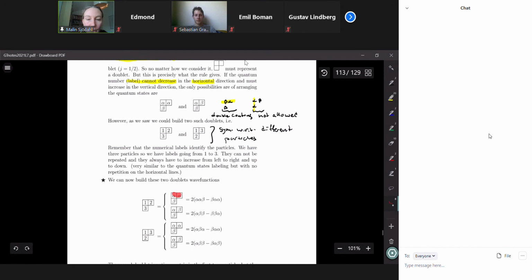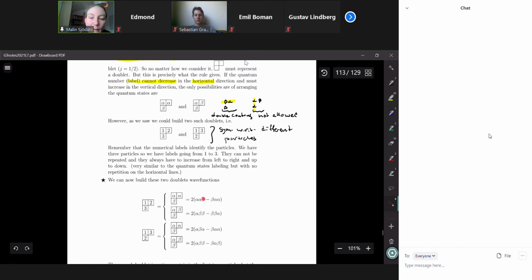First we have particle 1 and particle 2 in the state alpha, and the third particle in the state beta. This state is in itself obviously symmetric with respect to changing those two labels, so doing the symmetrization amounts to doing nothing.